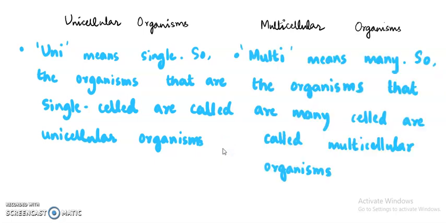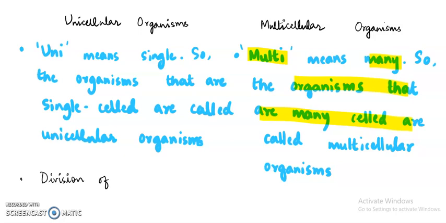In contrast to unicellular, the definition of multi will become multi means many. So all the organisms that are many-celled, they are known as multicellular organisms, okay? In unicellular organisms, as there will be a single cell, so that single cell has to perform all the functions that are required for the living of a cell, be it reproduction, excretion, digestion, all the functions will be performed by one cell.